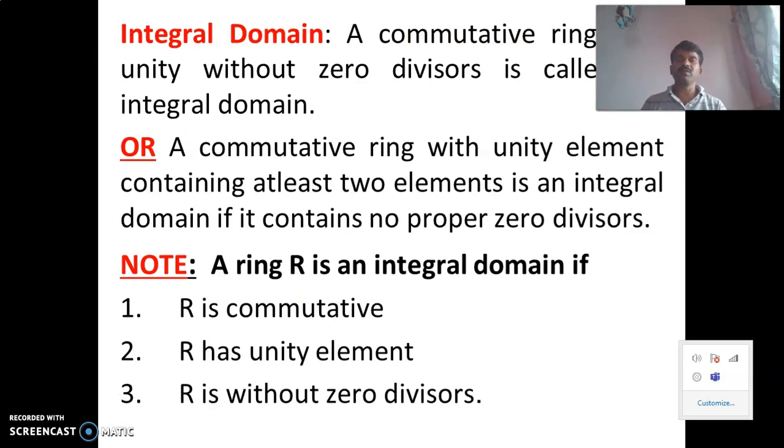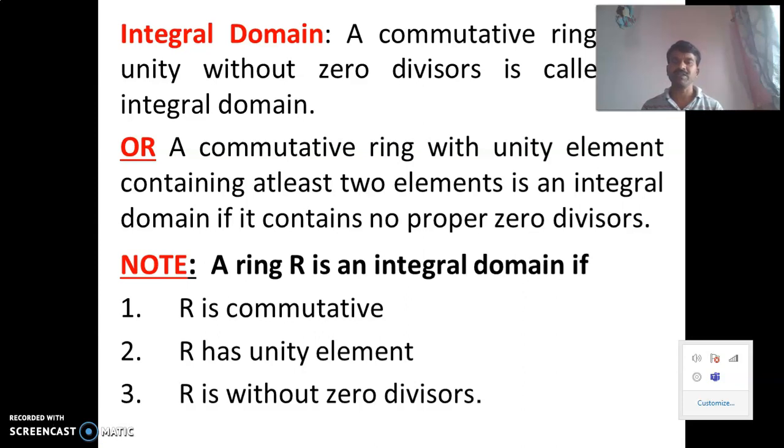And then we shall take another definition: integral domain. A commutative ring with unity without zero divisors is called an integral domain. Or else, a commutative ring with unity element which contains at least two elements is an integral domain if it contains no proper zero divisors.